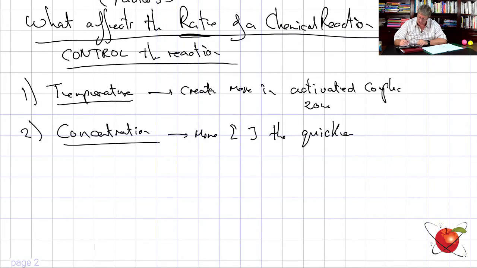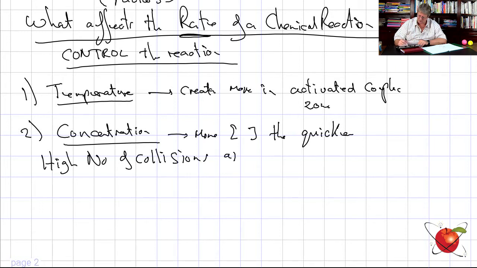So I need to have, let's just back step a bit, I need to have a high number of collisions. Okay, number 1, all right. Lots of them, the more product I can make.